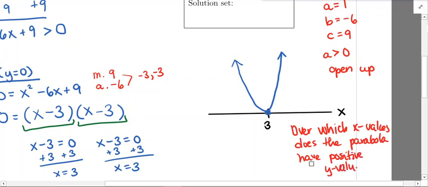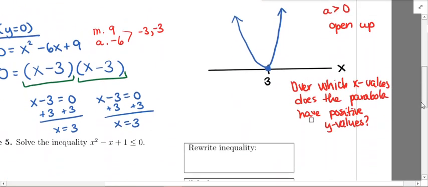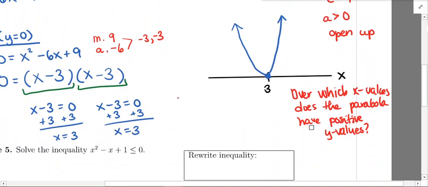So when we look at this, the inequality symbol is strictly bigger than, so the y value cannot actually equal 0. We have to have y values that are bigger than 0, which means they're positive. And we know positive y values occur above the x-axis.